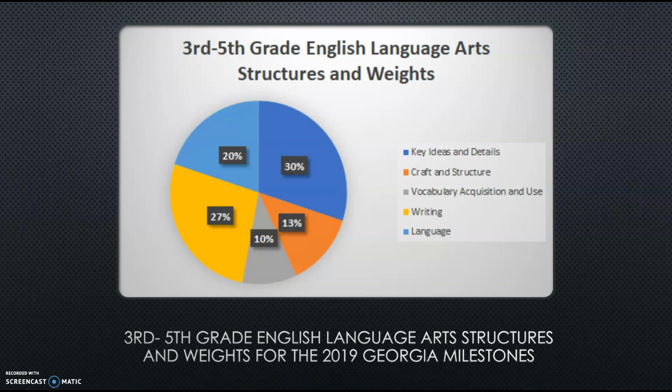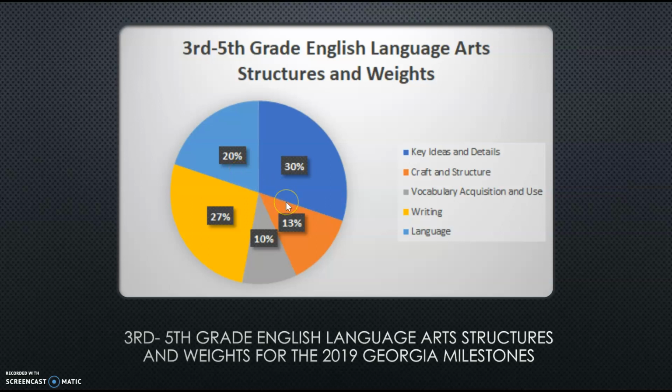The subdomain presence in the overall domains of reading and vocabulary and writing and language tells us the weight of each of the structures. The subdomains present are key ideas and detail for 30%, craft and structure for 13%, vocabulary acquisition and use for 10%, writing for 27%, and language for 20%.